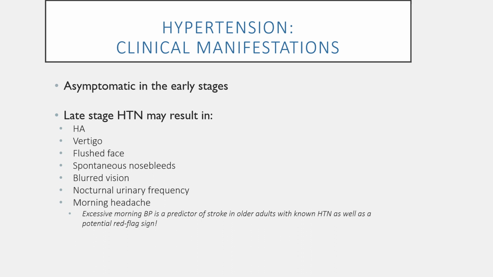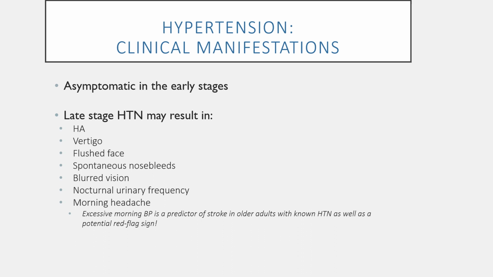Late-stage hypertension can lead to headaches. Persistent or severe headaches may occur due to an increased pressure within the blood vessels in the brain. Vertigo or dizziness, or a sensation of spinning, may result from compromised blood flow to the brain. Flushed face.